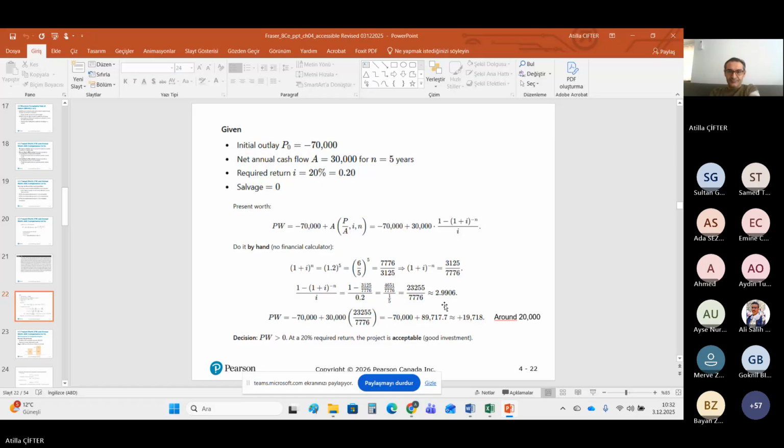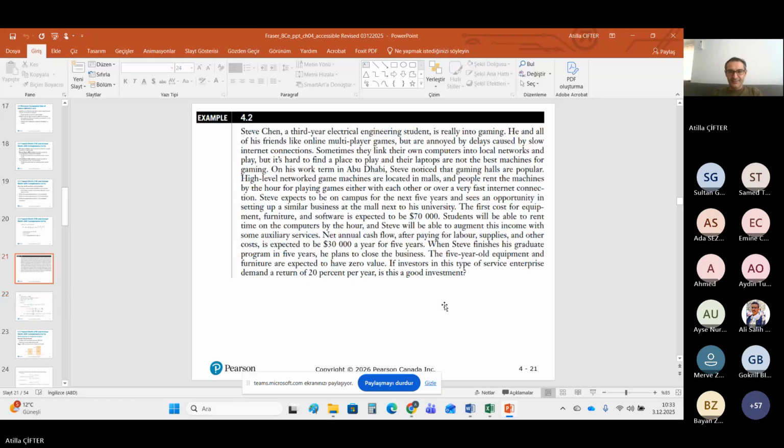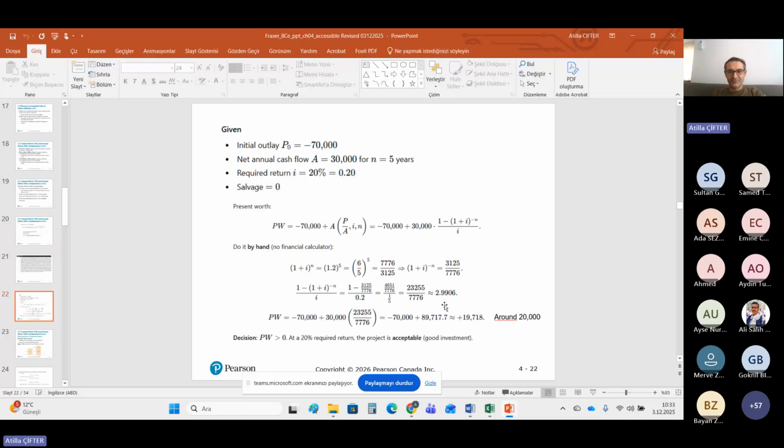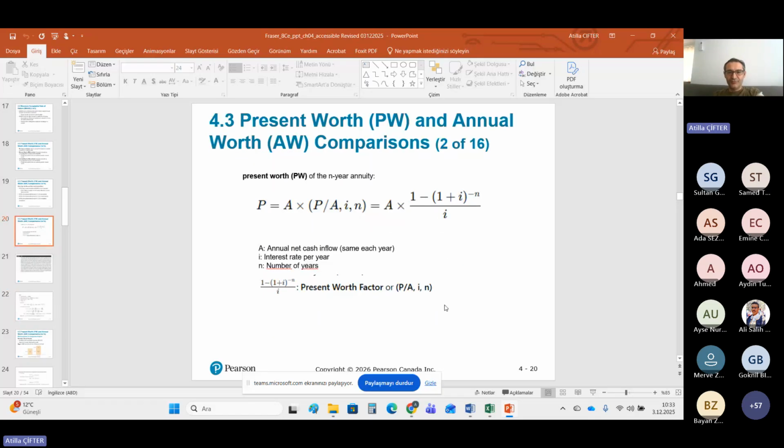And the salvage value is equal to 0. So the present value is equal to, as you can see, our new investment here, 70,000, is a minus value. If you have a cash outflow, you need to put it as a minus cash outflow in the formula.